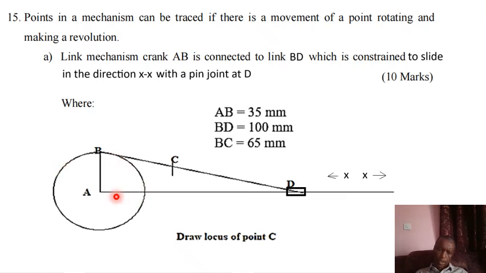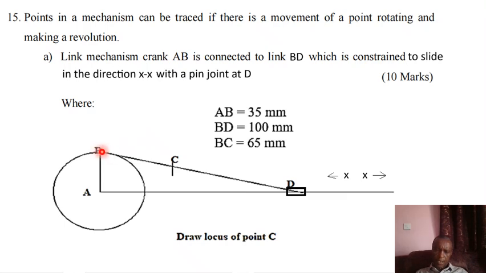So it is pin jointed at A. B moves around the circle, and the crank is pin jointed at A. So that's understood. It is connected to link BD.